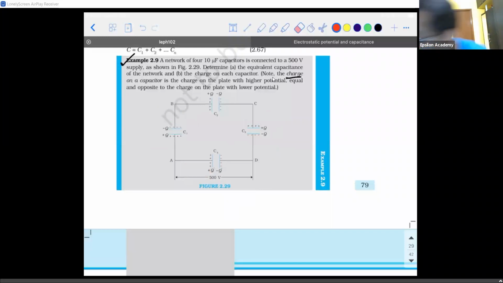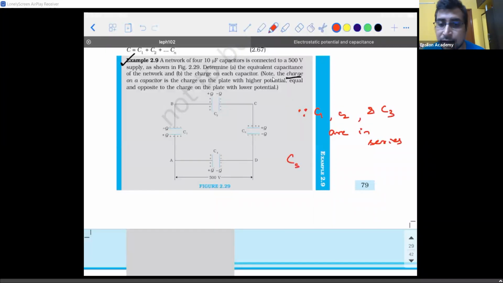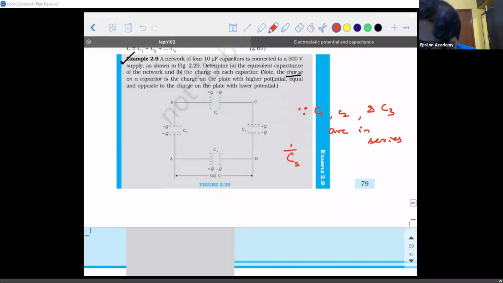Okay, so since C1, C2 and C3 are in series, what will be the equivalent capacitance for series? How do you find it? 1 by CS will be equal to 1 by C1 plus 1 by C2 plus 1 by C3.